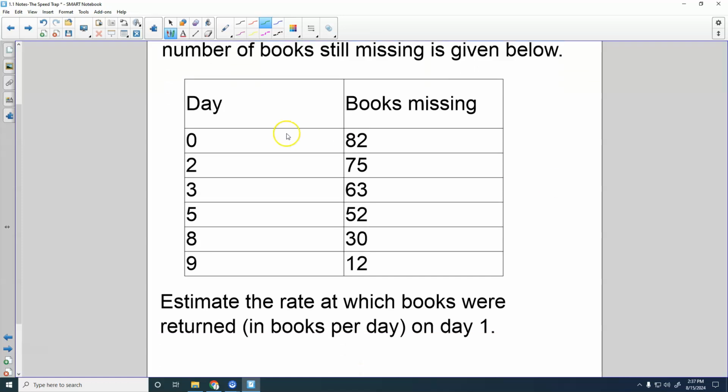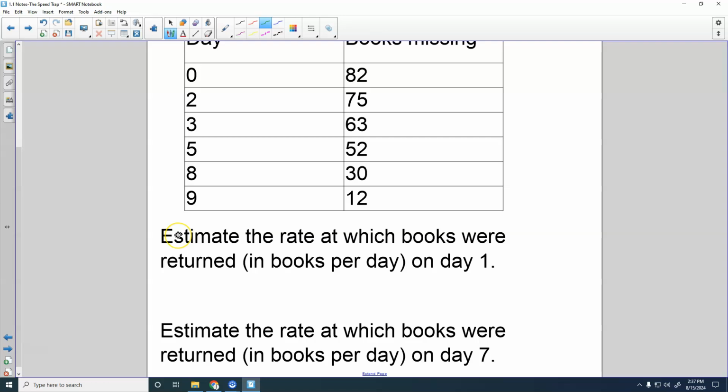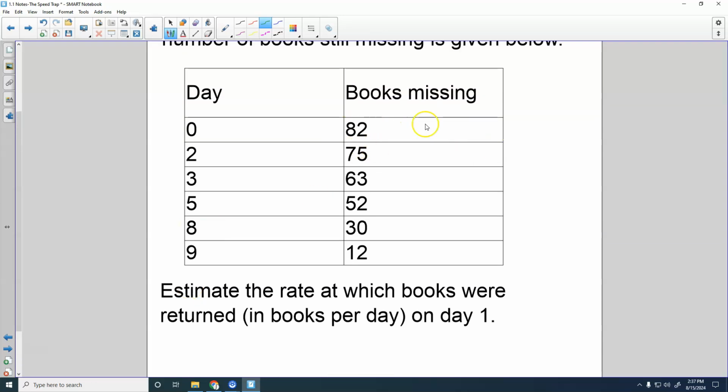Okay, so you can see on the first day there's 82 books missing, and then 72, 63, and so on. So if we were going to estimate the rate at which books were returned in books per day on day 1, if we think about graphing this, we'd have days across the bottom and books vertical.